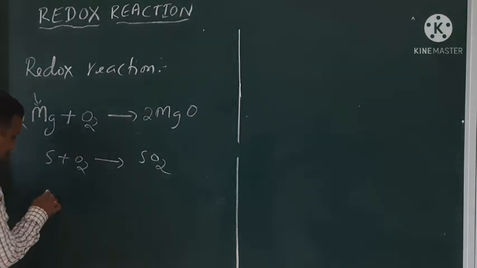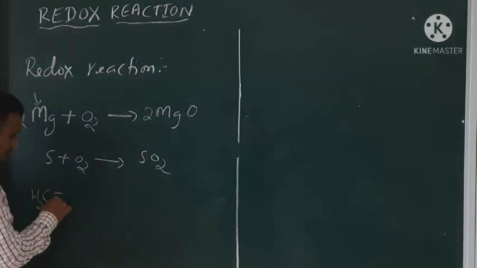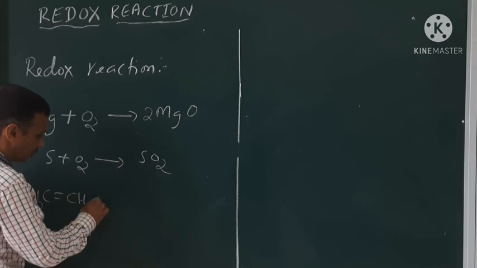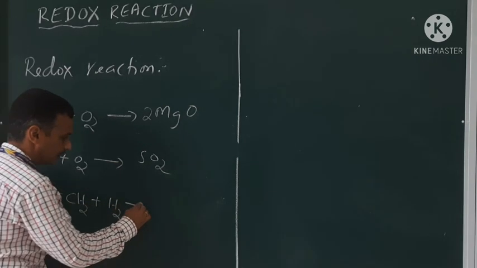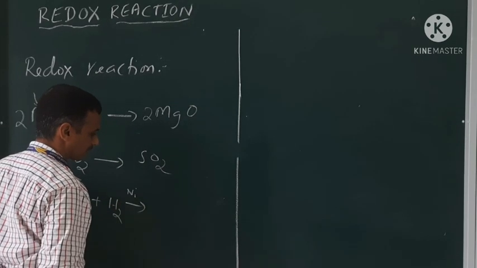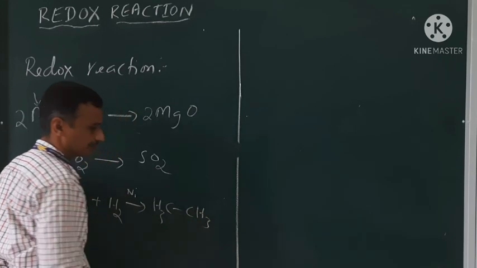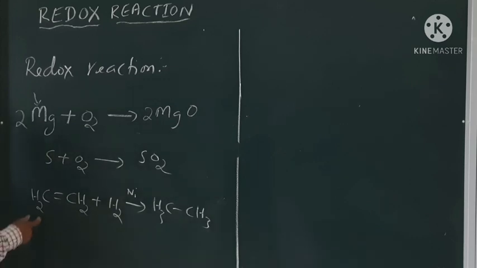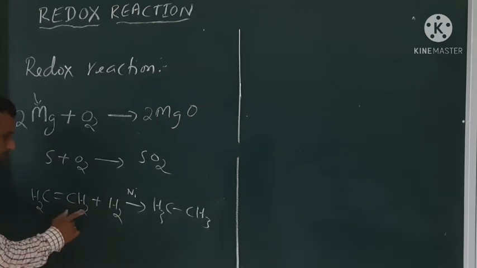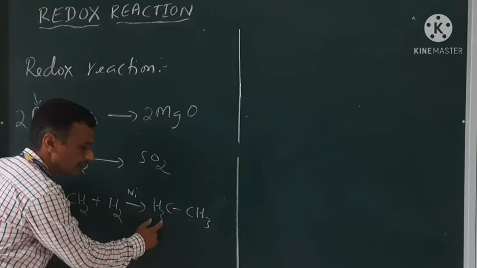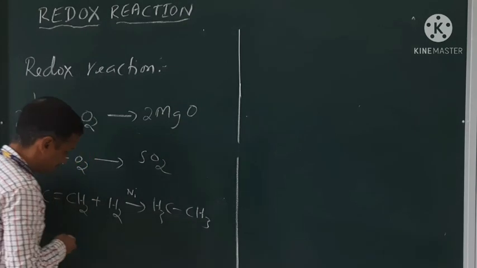Now, take this example, CH2=CH2 plus dihydrogen in presence of nickel catalyst gives CH3-CH3.